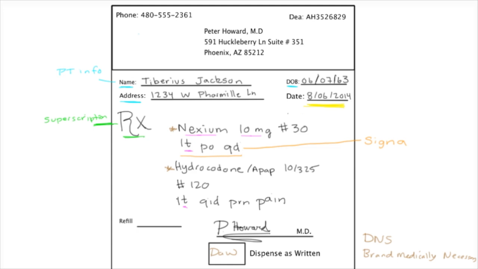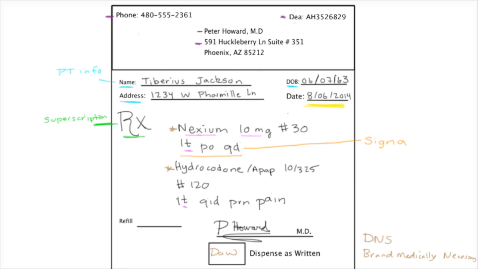Now the prescriber's identification. The prescriber's identification is important because sometimes there's going to be multiple doctors with the same name. And so we need to be able to verify or determine which doctor it is. So as you can see right here, there's the doctor's name, the doctor's address, the doctor's phone number, and a DEA number.